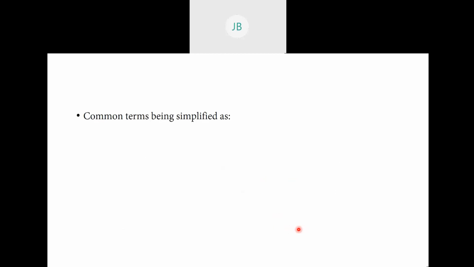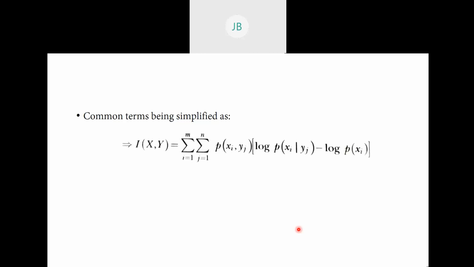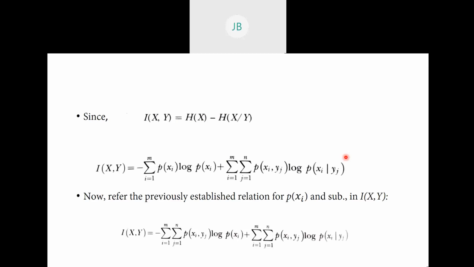And then, do we have some common terms? Yes. So mutual information between x and y is equal to P(xi, yj), that is a common term, and log of this term minus log of the second term. So that is from the previous equation.